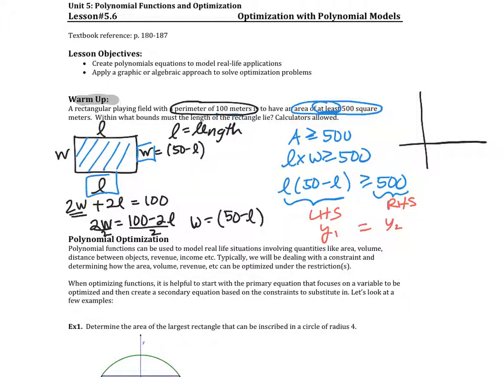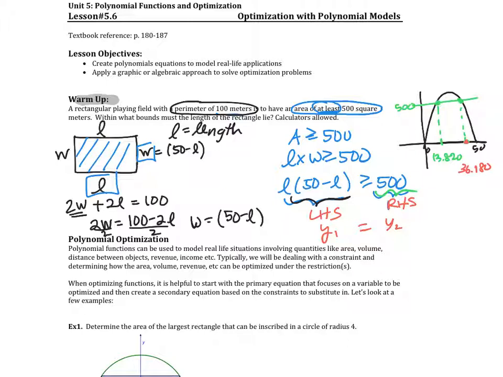We know you're going to have a 0 at 0 and 50 because that's the left-hand side graph. Then the right-hand side is going to intersect at 500, so here are my two intersection points. If you graph that on your calculator, you would see that one place it intersects is 13.820, and the other place is 36.180.